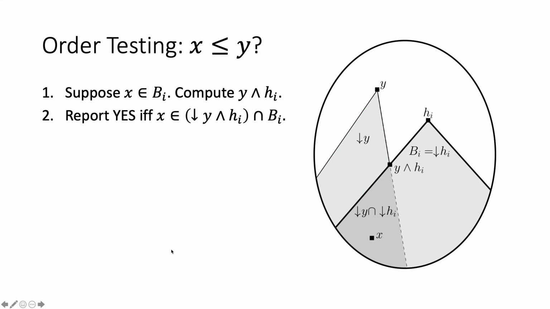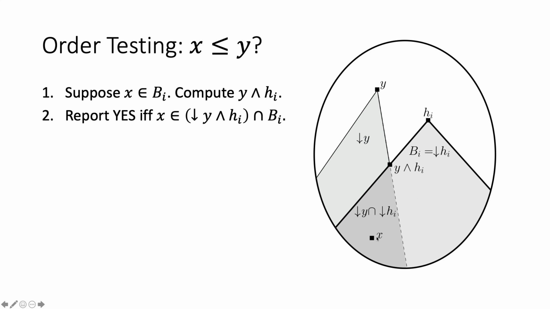Okay, so we're now ready to describe order testing. Suppose x is in block bi. We will then compute y meet hi, and we're going to report yes if and only if x is in the downset of y meet hi intersected with bi. So this picture here depicts what's going on.